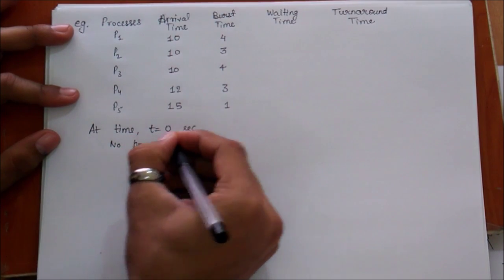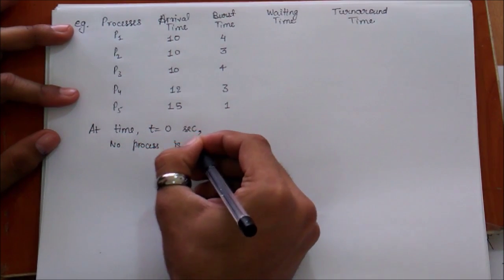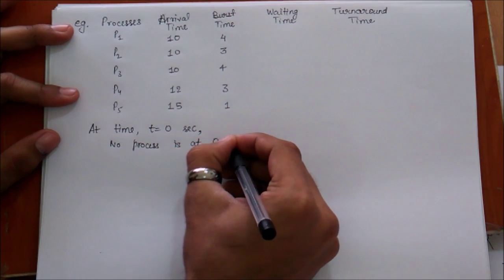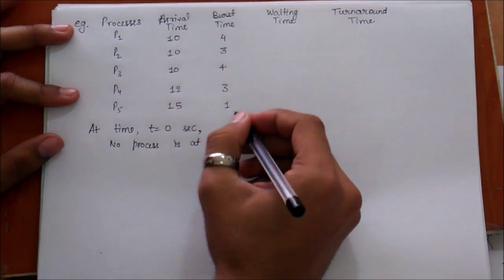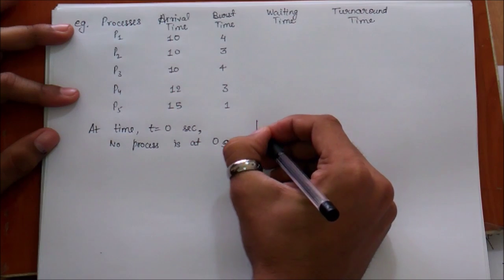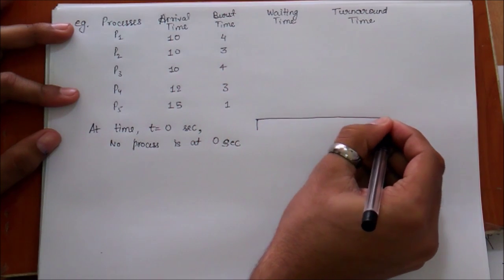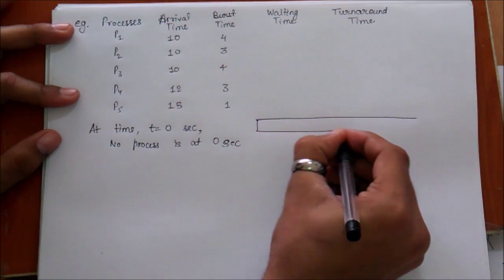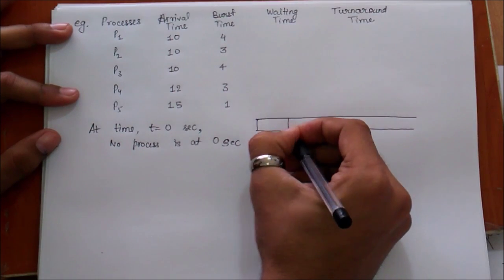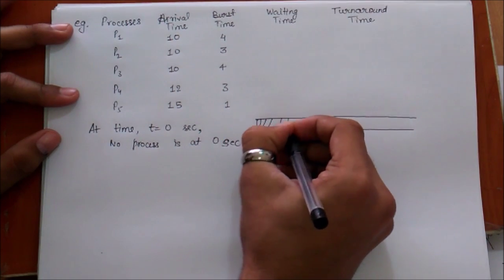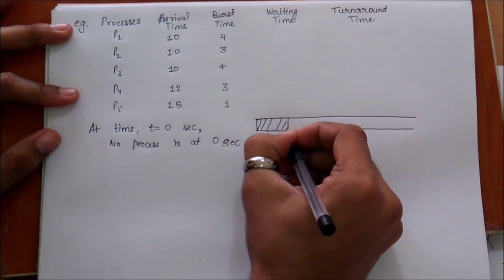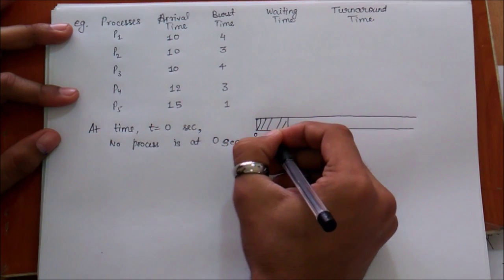So, when we make the Gantt chart, we leave the time up to 10 seconds as idle.